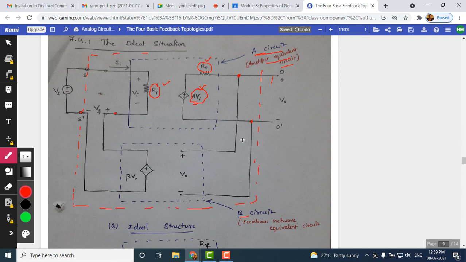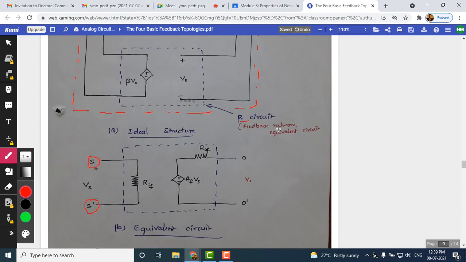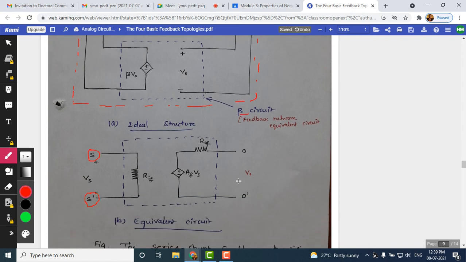If you put this as a black box, at the input you see S and S dash with the source voltage Vs, and the output is the output voltage V naught, and at the points O and O dash you can see the ports.